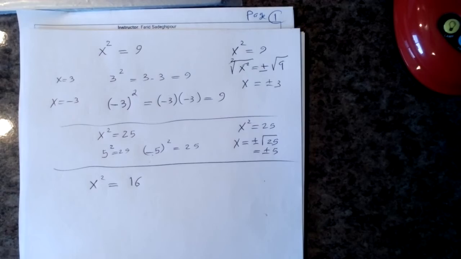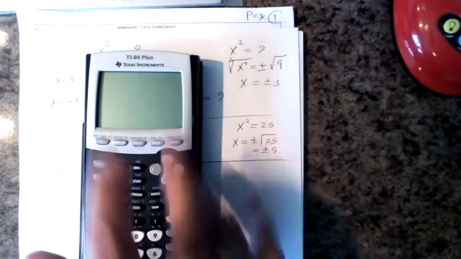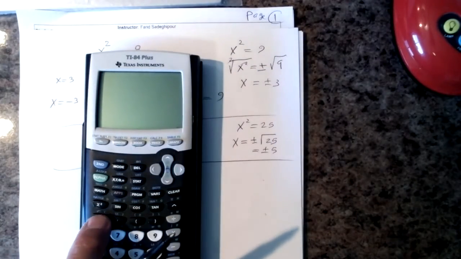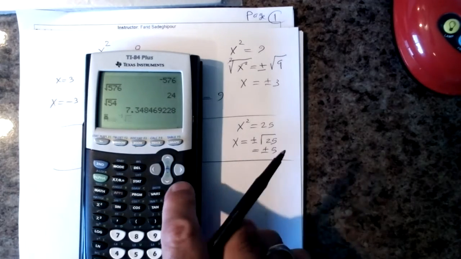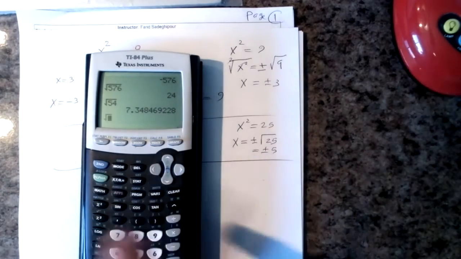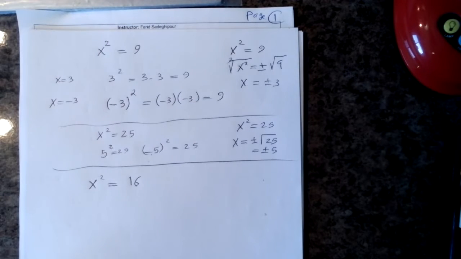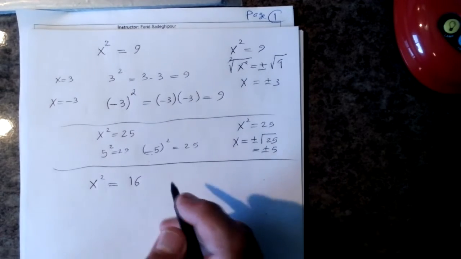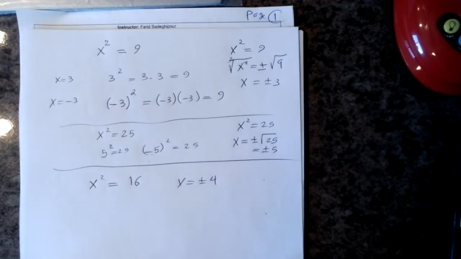And your calculator has that square root. This is a different calculator, but on this particular one the square root is right here. If I want to find the square root of, let's say, 16, it gives me 4. So x is plus or minus 4.